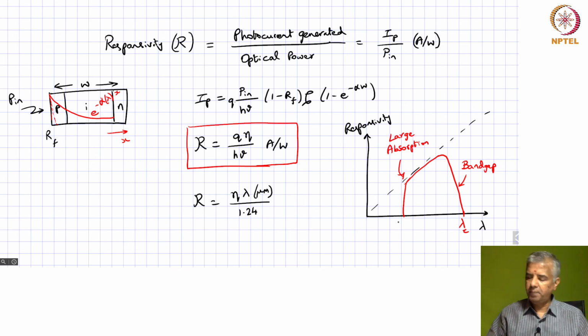Okay. So if you do this for, say, indium gallium arsenide, the cutoff wavelength is around 1.7 micron wavelength. Okay, and this sort of thing typically happens about 0.8 microns.